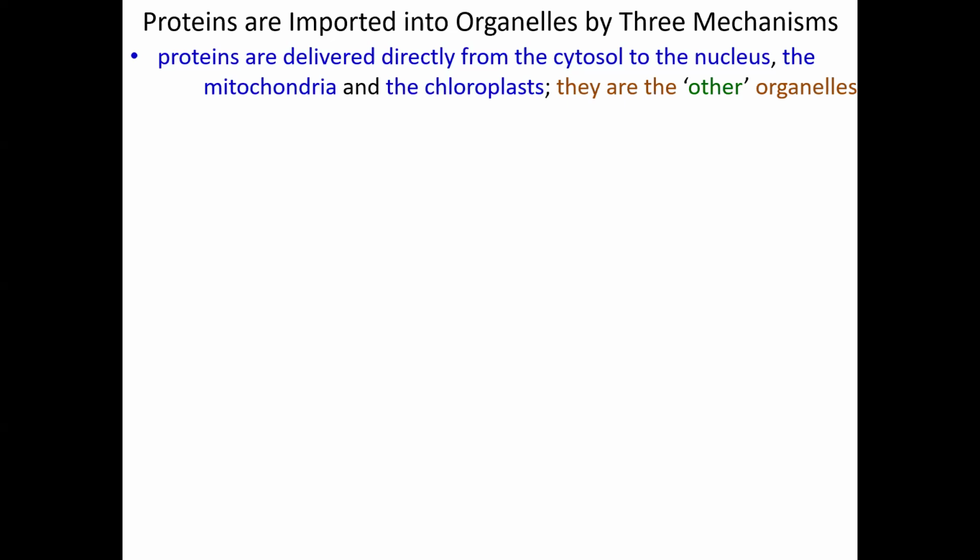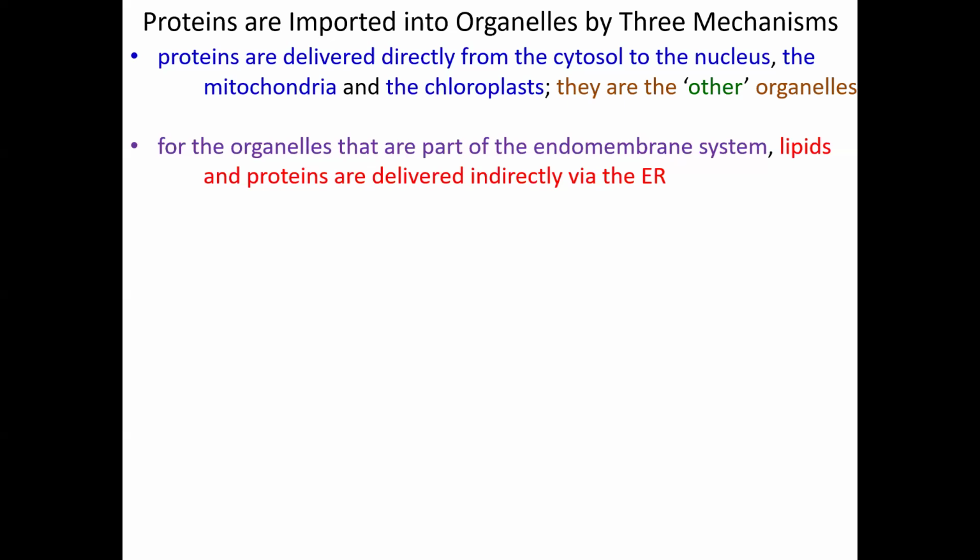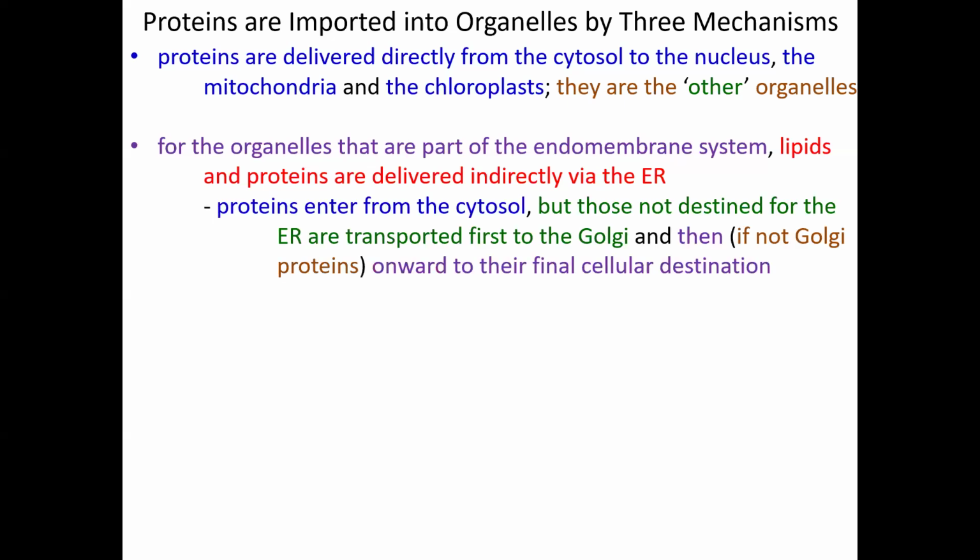Those are, again, the organelles not of the endomembrane system, mitochondria and chloroplasts. For the other organelles that are part of the endomembrane system, those proteins and lipids that are needed for those organelles to grow are going to be made by the ER, and then they're going to be shipped to their organelle destination through vesicles, through membrane bubbles.